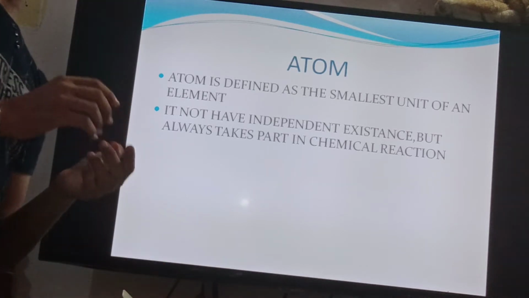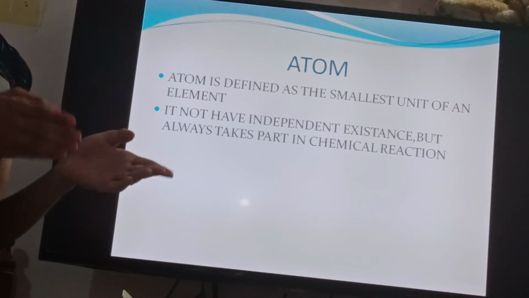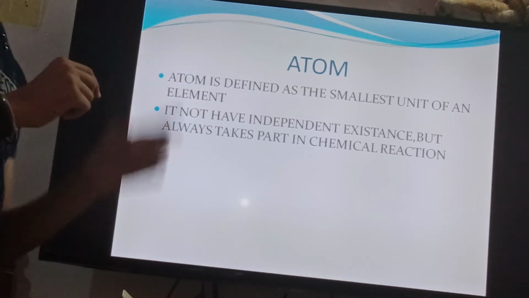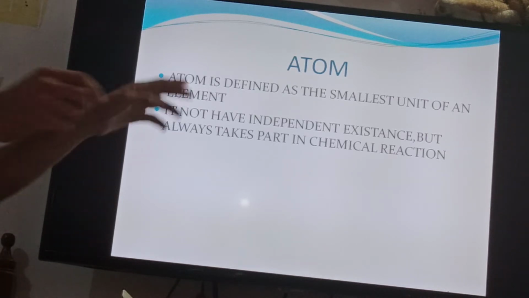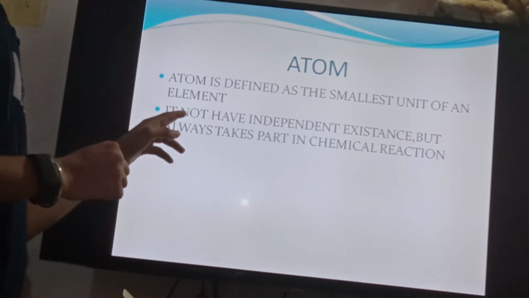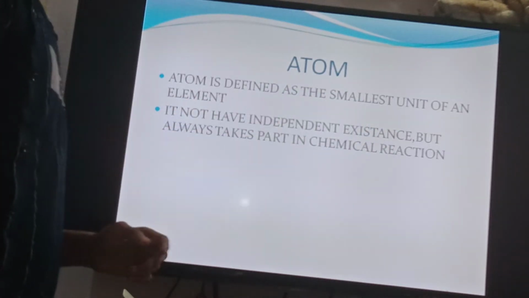I have told you that lead and carbon are all elements, and the smallest part of an element is an atom. Atom is defined as the smallest unit of an element. It has an independent existence, but always takes part in chemical reactions.